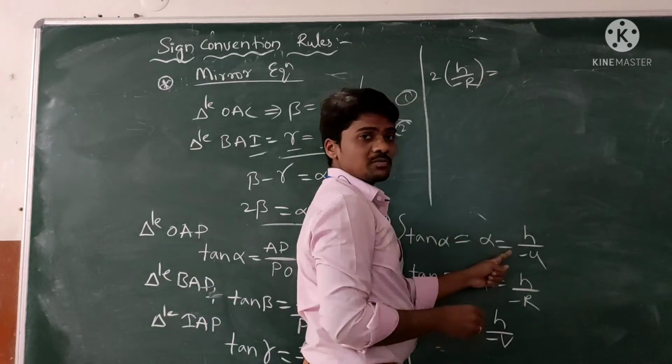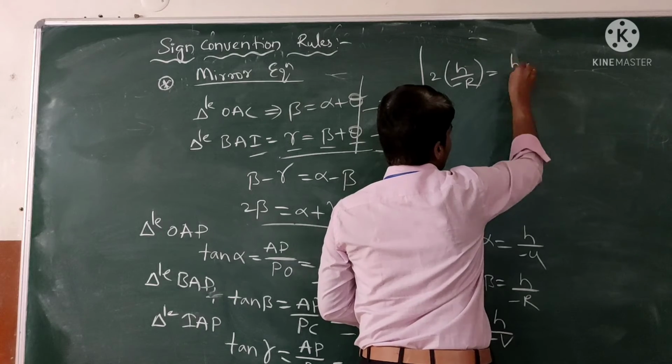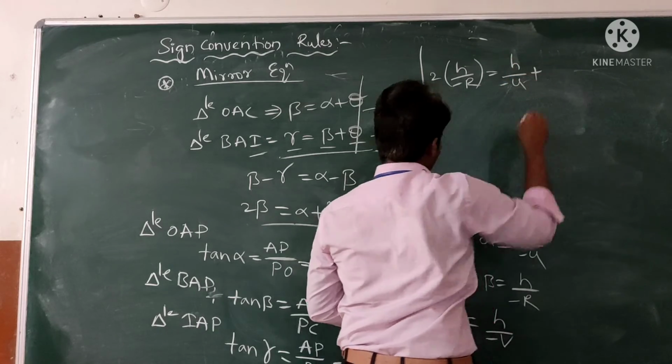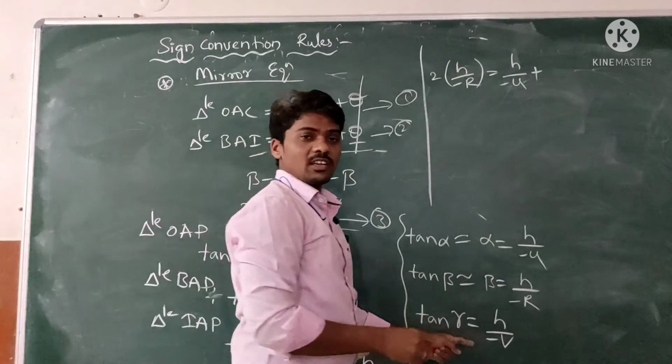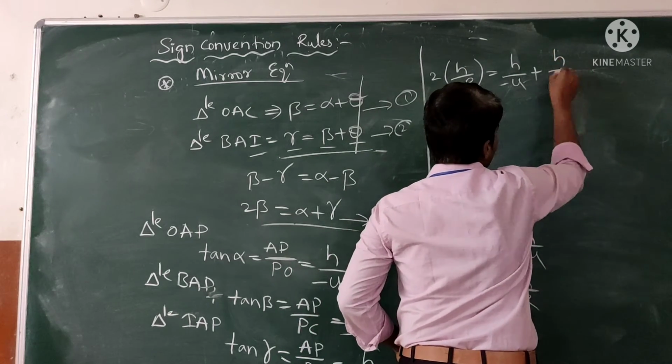How much is beta? H by minus R, so 2 times H by minus R equals alpha plus gamma. How much is alpha? H by minus U. Plus how much is gamma? H by minus V.